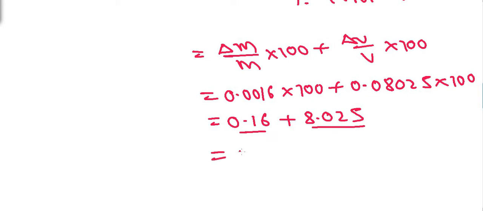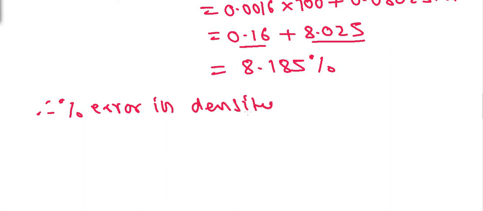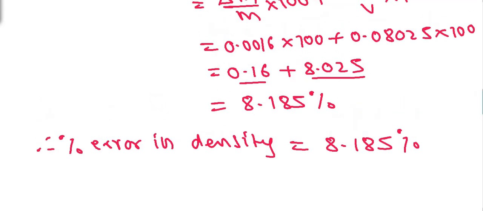That is equal to 8.185%. So let us write it finally. Therefore, percentage error in density is equal to 8.185%. Final answer.